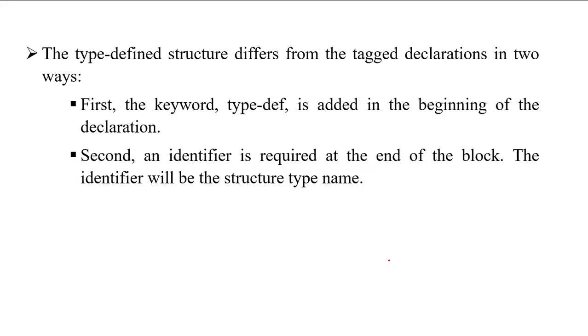So quickly, yes, this is the difference. Just now I have explained that one as well. This is the difference between typedef and tagged structures. There are two differences. The first one is we are using an extra keyword, typedef.